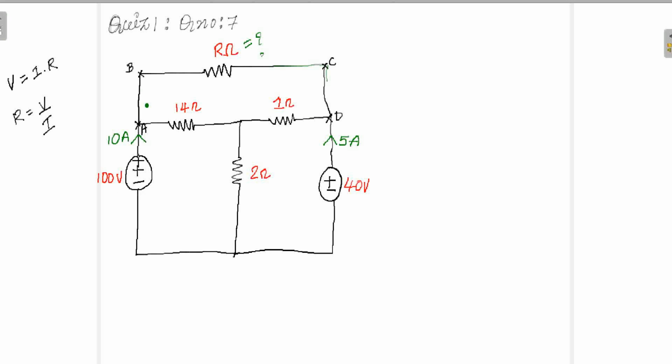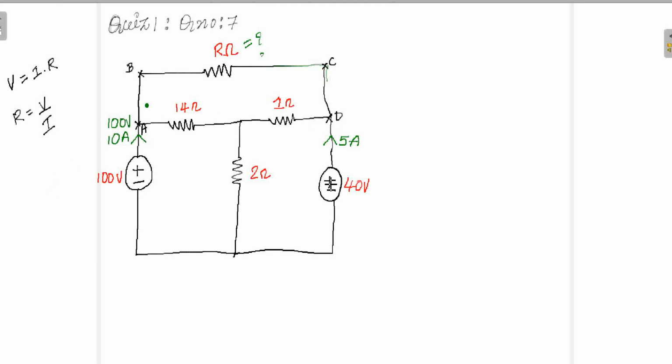So whatever the voltage is connected, the same voltage appears at this point A. So here at this point the potential becomes 100 volts.